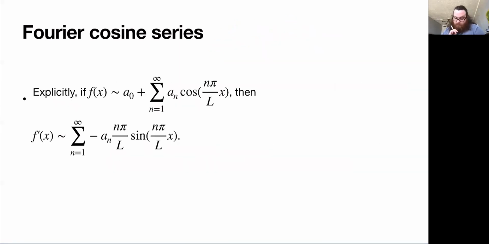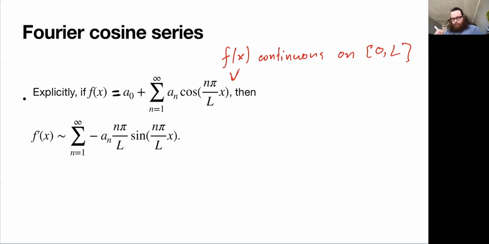Written out explicitly, if f of x is continuous on the interval 0 to L, we can write this as an equality, because we have convergence of the Fourier series to the function everywhere.